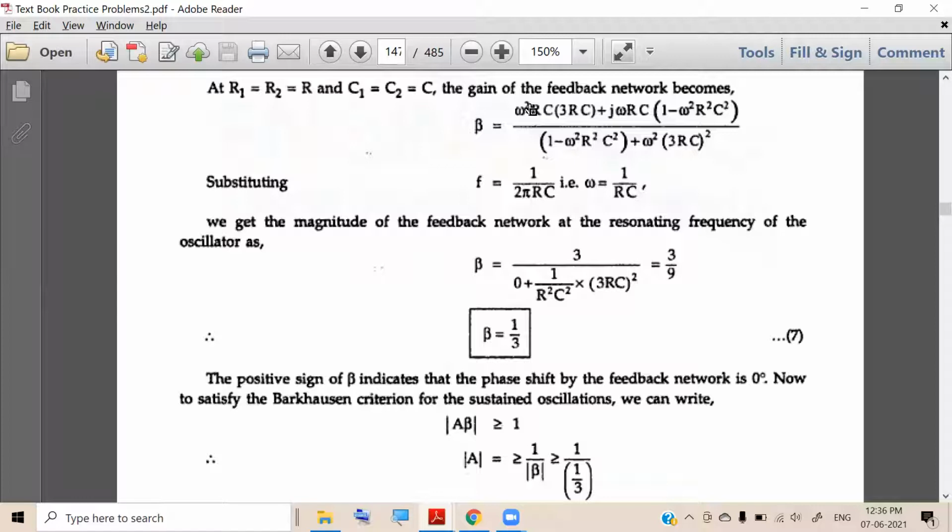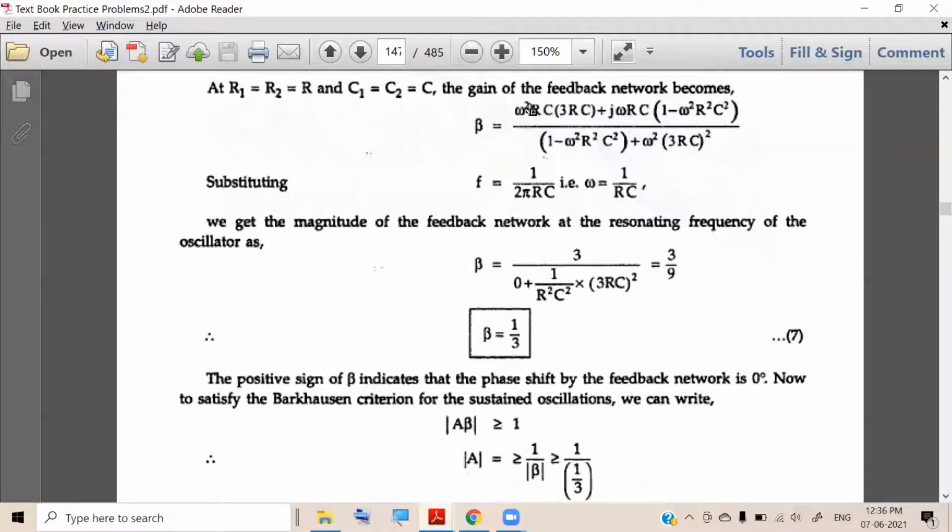So a negative value means 180 degrees phase. Here we are getting beta positive, which means the phase shift is not 180, the phase shift is 0 degrees.